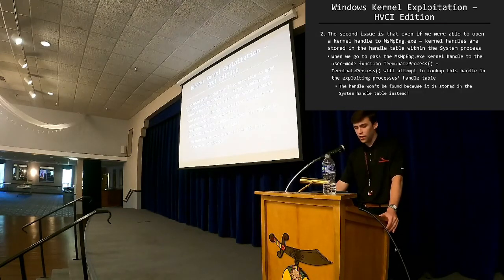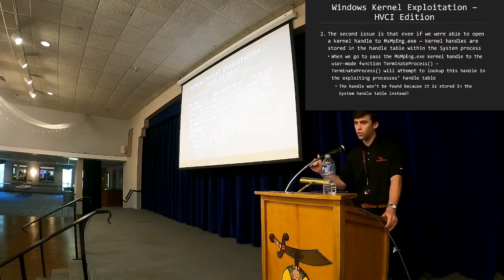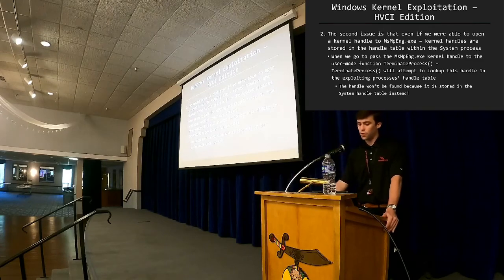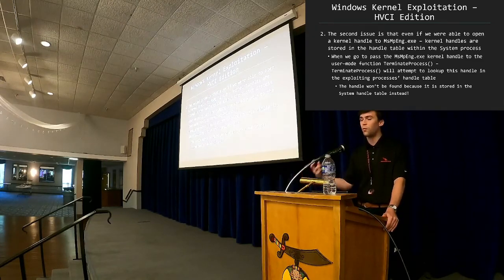And the second issue is that even if we were able to open up a kernel handle to this process, anytime you open up, so let me explain this. We opened a user mode handle. So even though we called a kernel mode function, as I said, it's in our per process handle table. So exploit.exe is responsible for opening up that handle, right, to the Defender process.